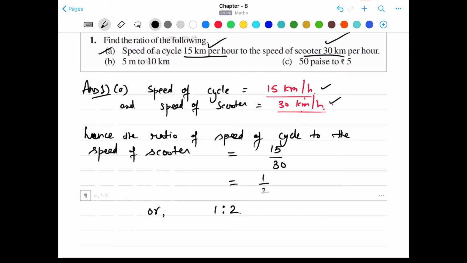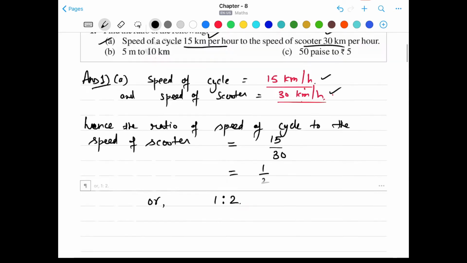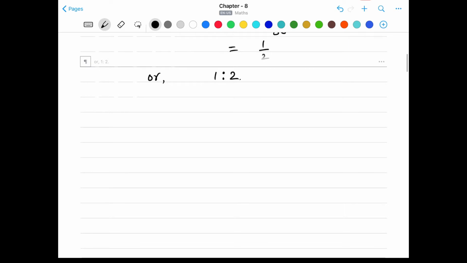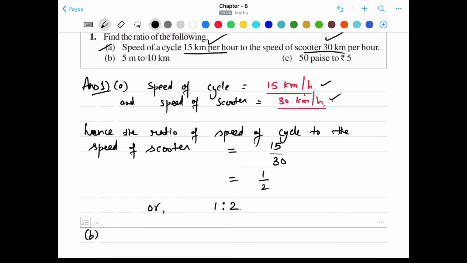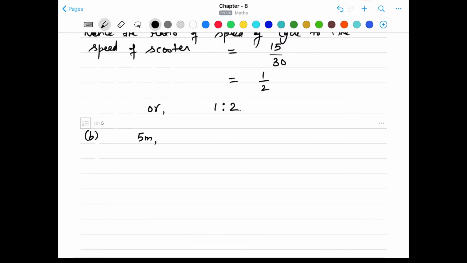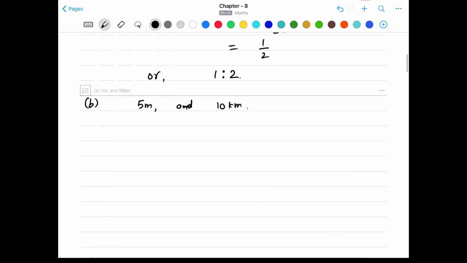Okay, let's come to part B. Here we are given two quantities, 5 meter and 10 kilometer. So we'll write the quantities: we have 5 meter and 10 kilometer. As you can see here, the units of both quantities are different.